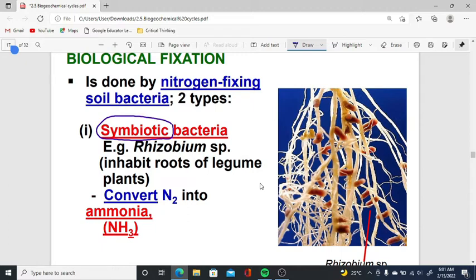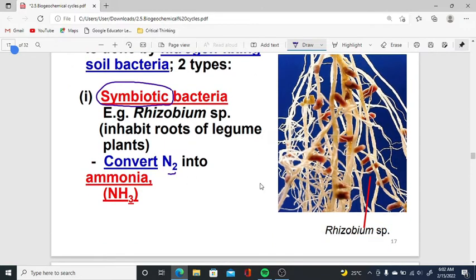Okay, contohnya Rhizobium species. So Rhizobium species, it will convert nitrogen gas into ammonia. So nanti plant ni bolehlah menggunakan ammonia dia untuk menghasilkan protein ke, nukleik asid ke, klorofil ke. So in return, nanti Rhizobium akan dapat nutrien daripada legume plant. So itu kita panggil sebagai symbiotic bacteria.